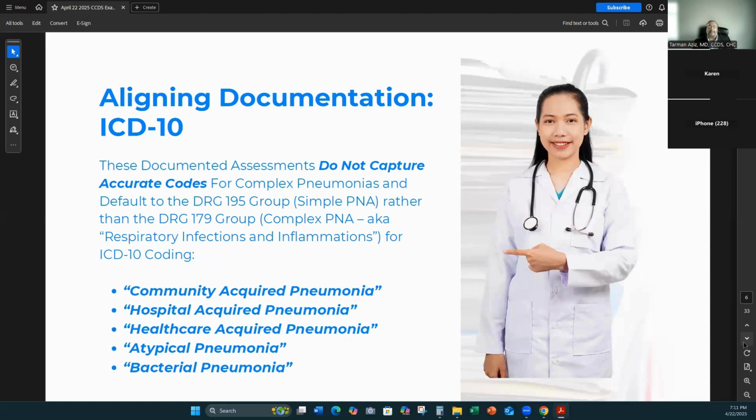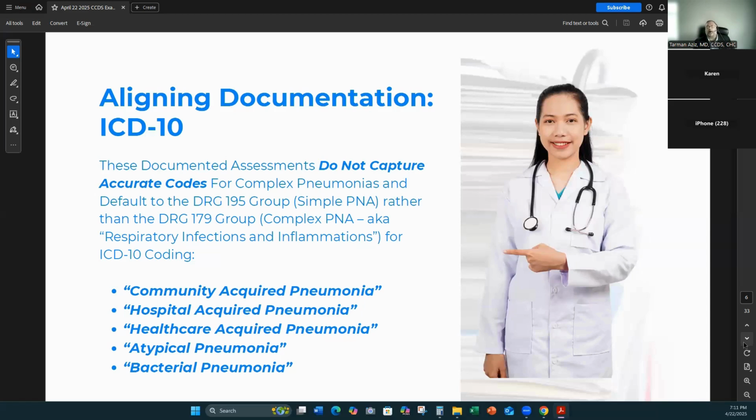And for most of the time, that means naming the organism with suspected, probable, or likely, or consistent with type of language if it's uncertain. But as soon as you use the terms listed here, we have simply unspecified pneumonia, which groups to simple pneumonia.